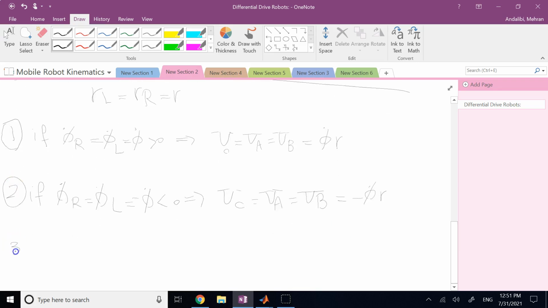If one tire is going faster than the other one, what happens here? V is definitely the average of the two.